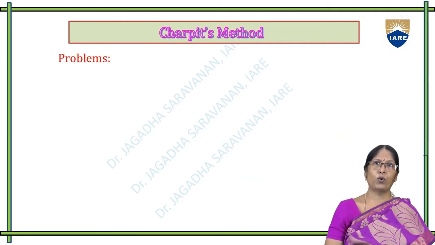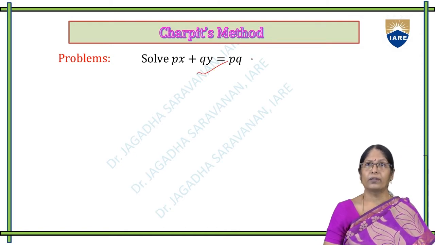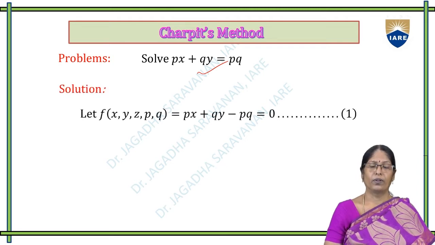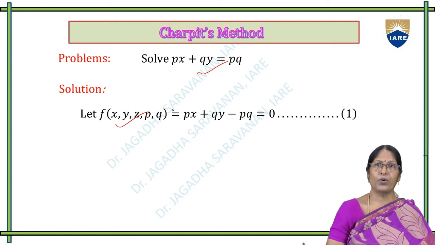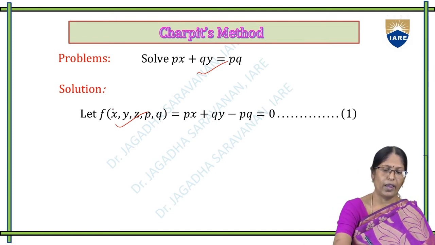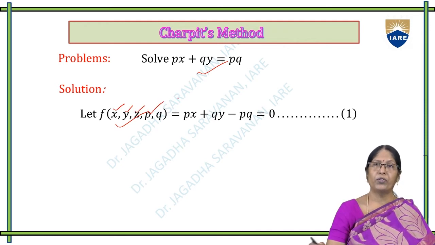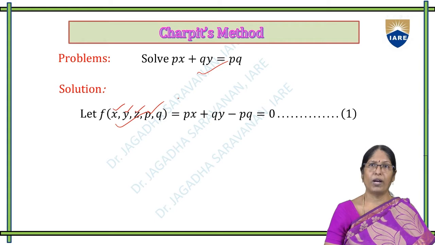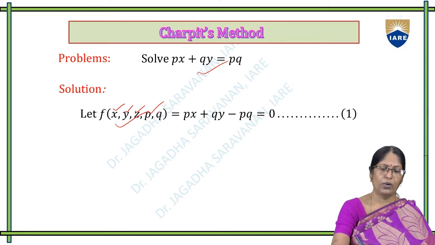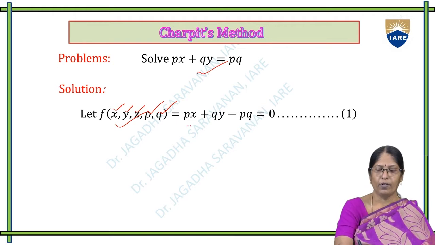So the first problem is: solve px + qy = pq. The function has the variables x, y, z, p, q, where p is ∂z/∂x and q is ∂z/∂y.